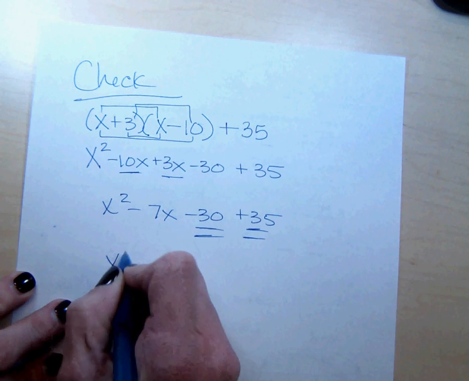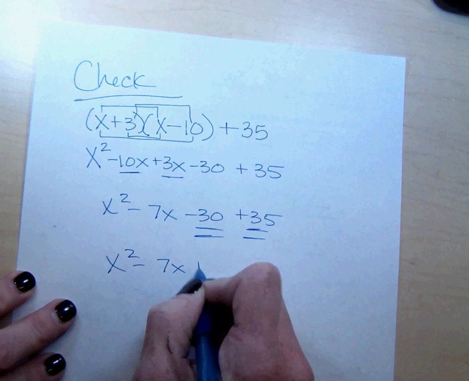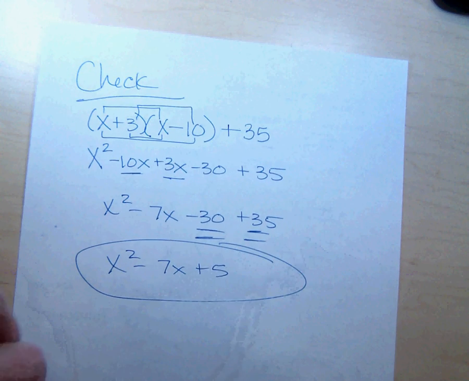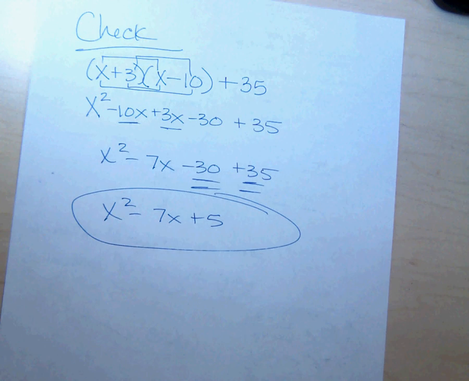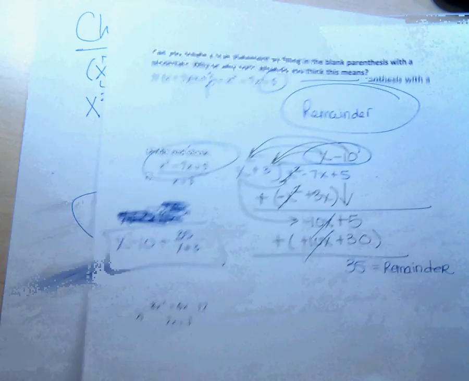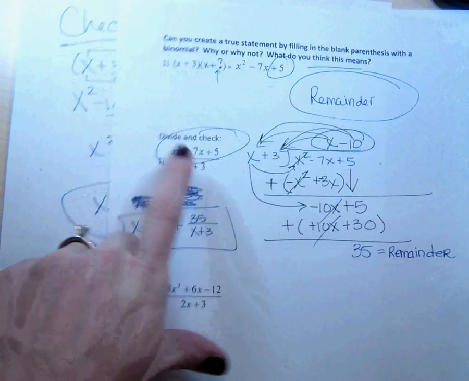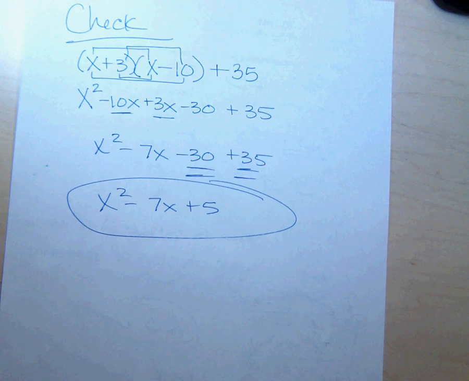And then again, I have some more like terms. And that gets me back to my original x squared minus 7x plus 5. So that's how you check. So I still do the FOIL, but until I add in that remainder, I don't get back to my original numerator.